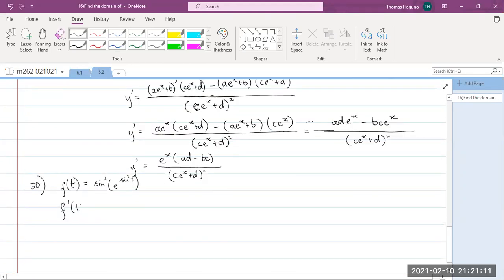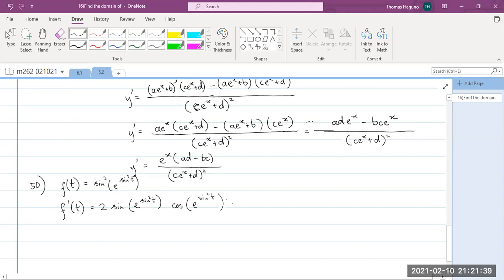The derivative of this will be sine, oh, I'm sorry. This is sine squared blah, so the derivative will be 2 sine blah times the derivative of sine, which is cosine blah.